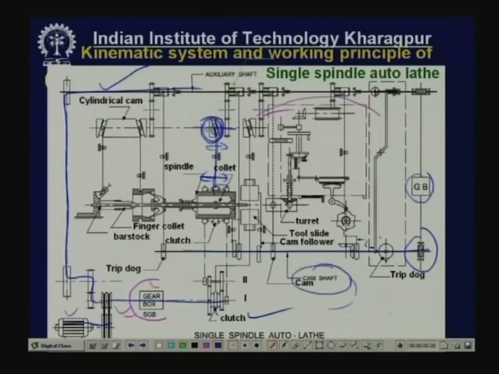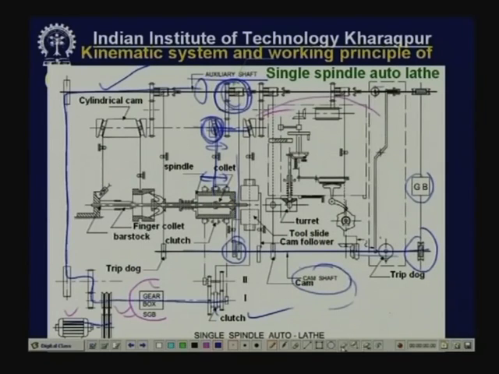This shaft is rotated by a single revolution clutch, which transmits rotation of only one revolution from the constant speed auxiliary shaft to this shaft, and this clutch is actuated by a trip dog, which is mounted on the camshaft.